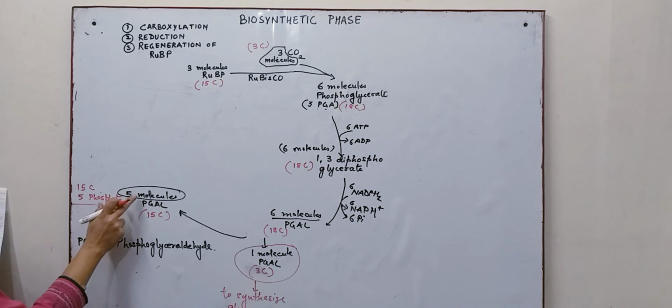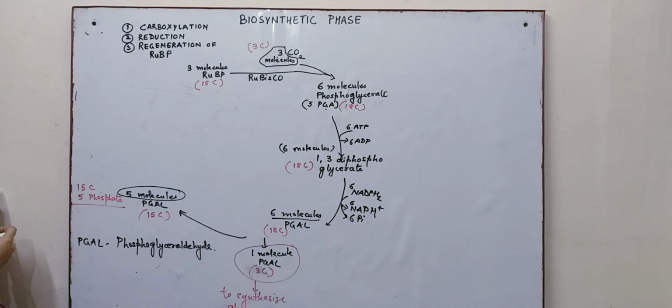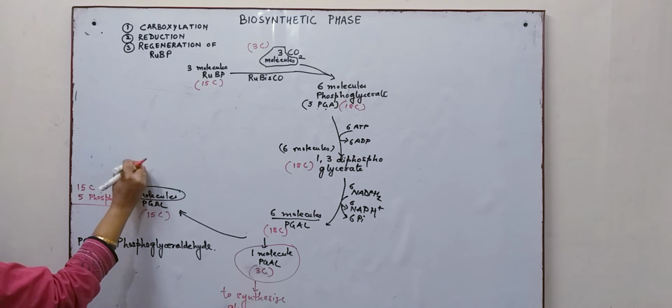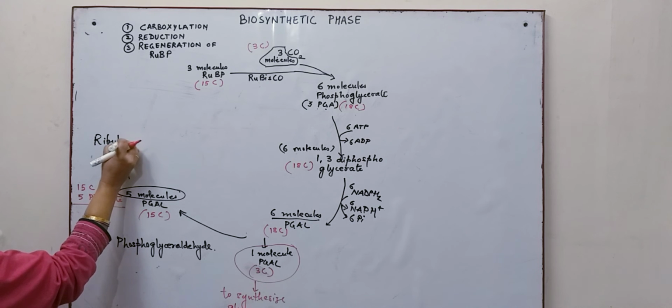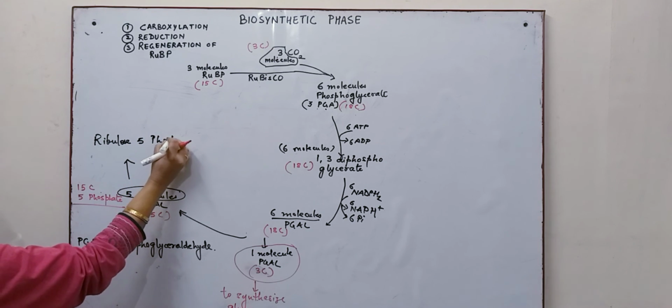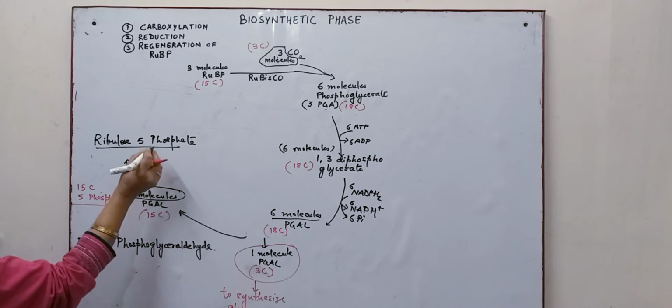Now this will undergo the process of phosphorylation, because here 3 ATP will be required. So what is happening over here? The PGAL molecule will undergo phosphorylation and will form ribulose 5-phosphate. Why are we mentioning ribulose 5-phosphate?